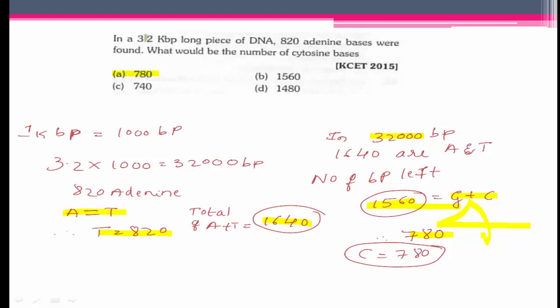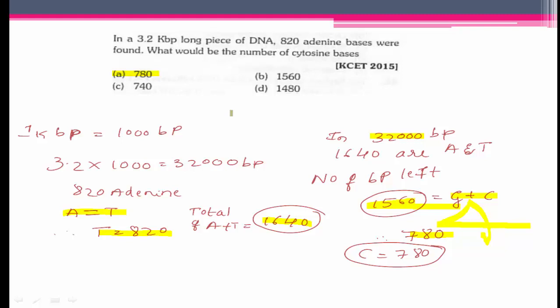Whatever the number of kilo base pairs given, here it is 3.2, it may be 7, it may be 8.2, like that. Take that number and multiply it by 1000. One nitrogen base value will definitely be given. If instead of adenine, it is 900 for cytosine, then guanine is also 900.